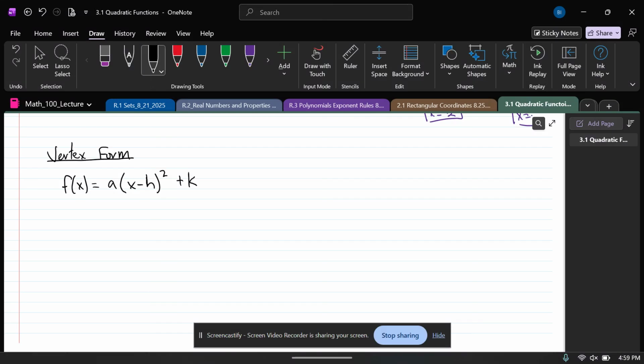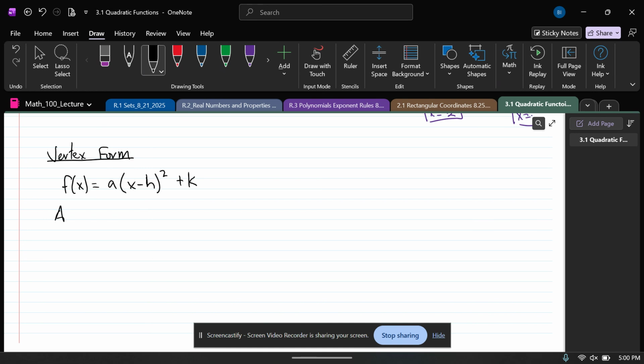Vertex form is named that because the vertex is really easy to find from this form. It is actually written in there. So we're going to find the same 5 features from vertex form as we did in standard form. So we're going to do the same work, but it's going to take us a little bit different route to get there.